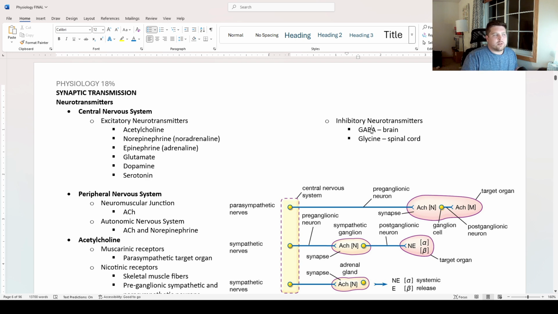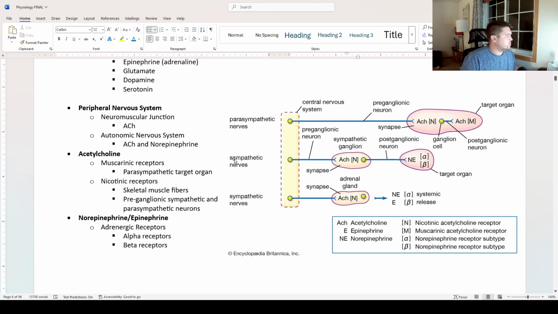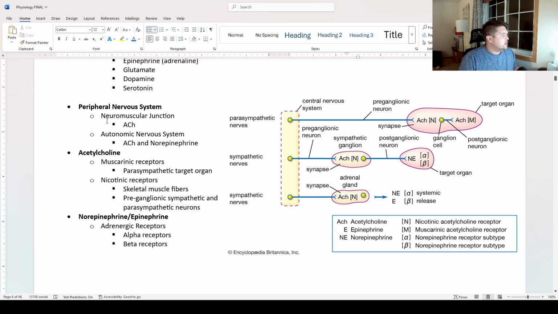So that's a good way to remember some of our inhibitory neurotransmitters. Within the peripheral nervous system, we're going to come back and talk about a lot of these, like the neuromuscular junction. The neuromuscular junction uses acetylcholine. The autonomic nervous system uses acetylcholine and norepinephrine primarily.